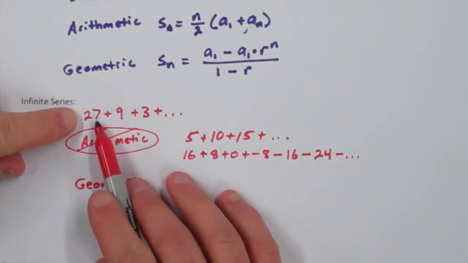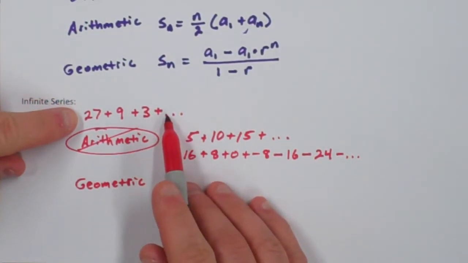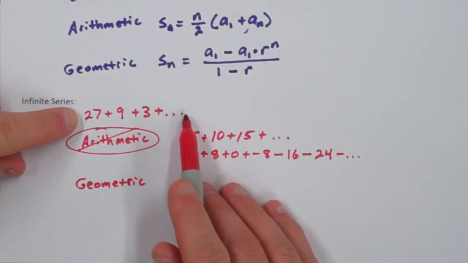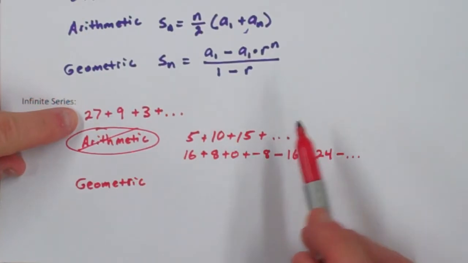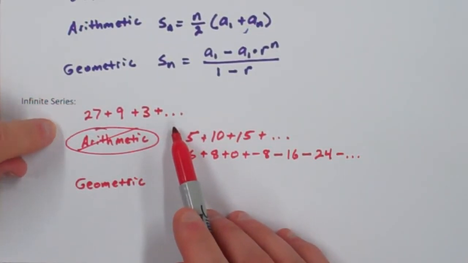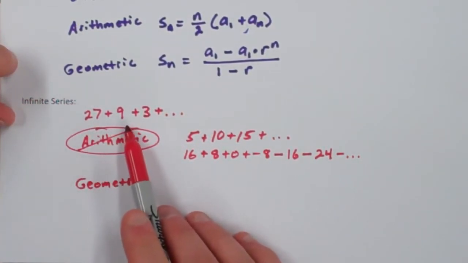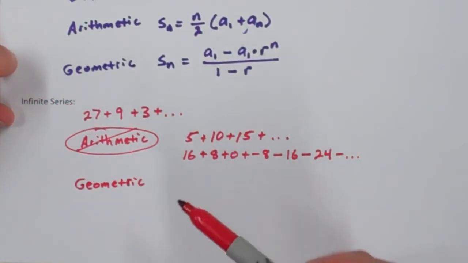For instance, it looks like we're multiplying by 1/3 here, and so the next value would be 1, the next one would be 1/3, next one 1/9, and those values would get close to 0. This will actually have a value that it gets close to, so we could say that the infinite series, or the sum of this sequence, will exist.